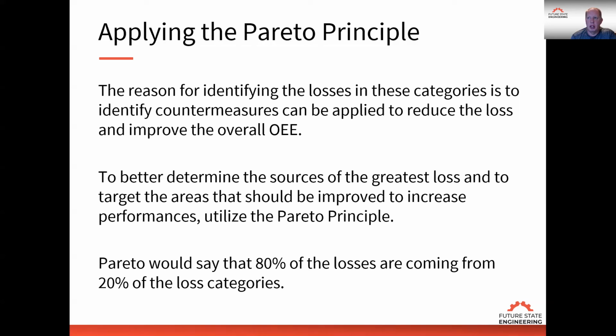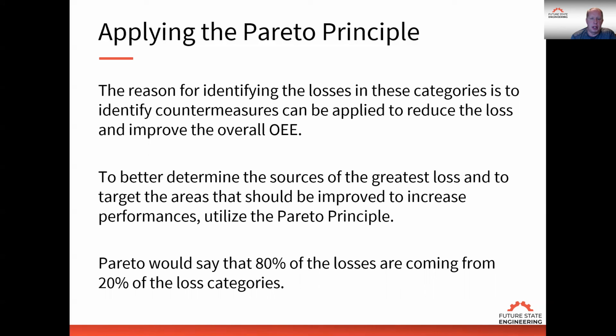Quickly we can do some analysis, speak with data, and understand where the biggest losses are coming from. We want to attack those first by putting countermeasures in place to reduce those losses. Again, we need to do our root cause analysis.